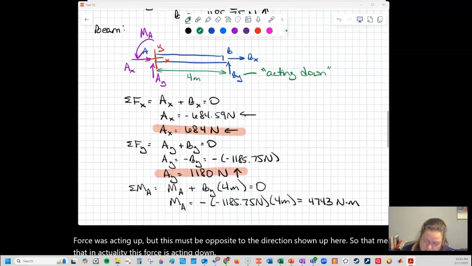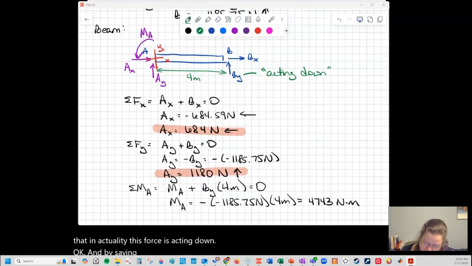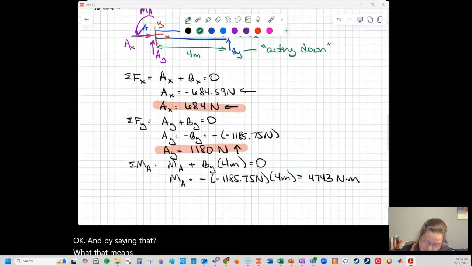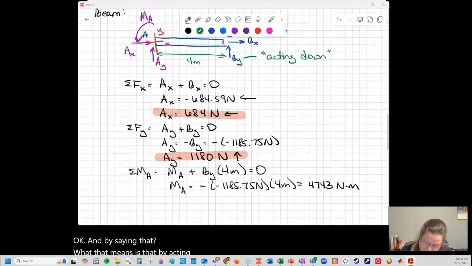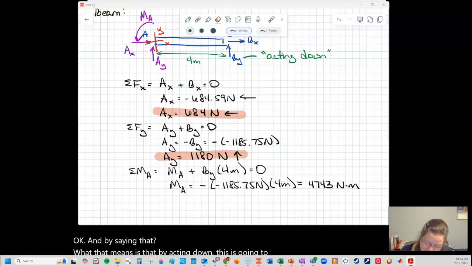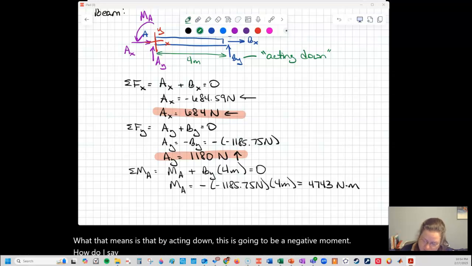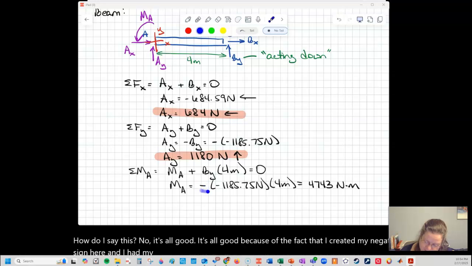Okay. And by saying that, what that means is that by acting down, this is going to be a negative moment. How do I say this? No, it's all good. It's all good because of the fact that I created my negative sign here and I had my negative sign here. Well, these two negatives become a positive.